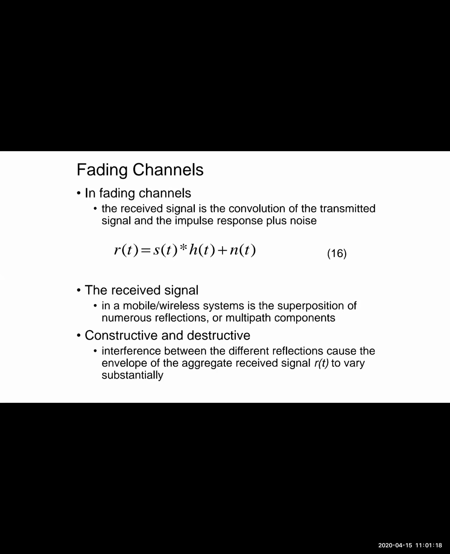So this is the difference between additive white Gaussian noise and fading channels. Additive white Gaussian noise gives you the simplest, but it is not realistic. It is not what actually happens in a mobile channel, so it is not a good representative of mobile radio channels.